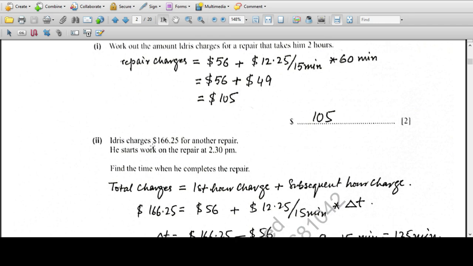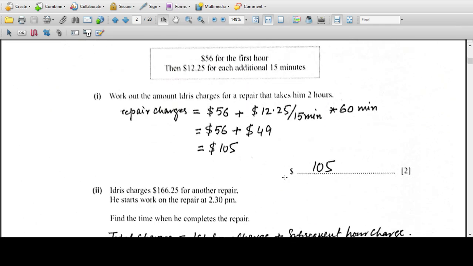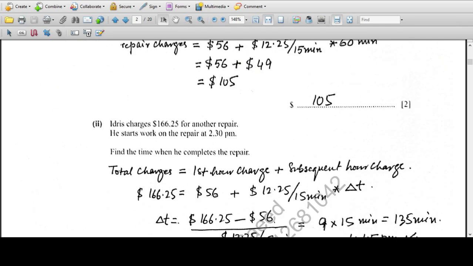So the total charge is $166.25 as given, and for the first hour the rate is $56, and for each subsequent hour the charge is $12.25 per 15 minutes.